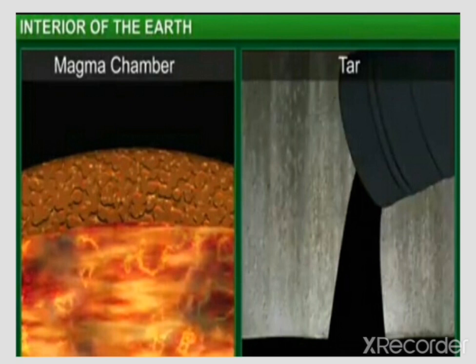Understood, students? Okay, so tell me at what depth this layer is located, students? Yes, it is located at the depth of 2870 kilometer. Okay, very good. Why is this layer known as asthenosphere?